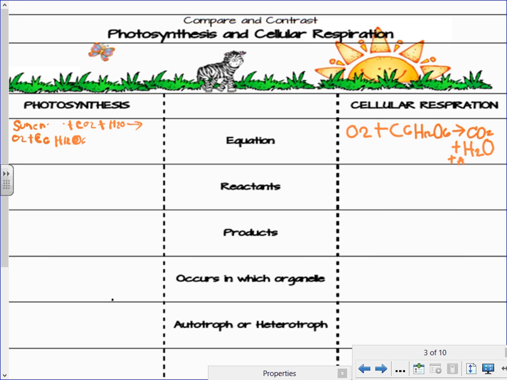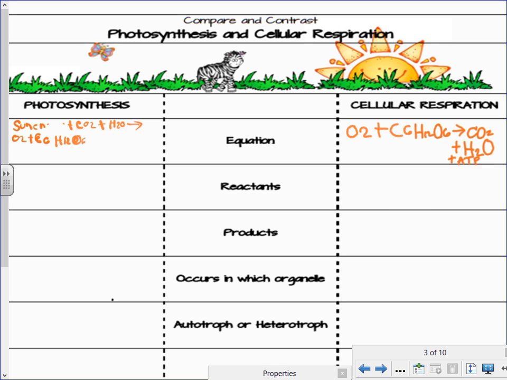What do you notice between the two equations? Raise your hand. And this was in your notes as well. They use the opposite things to make the... Let us sit down.